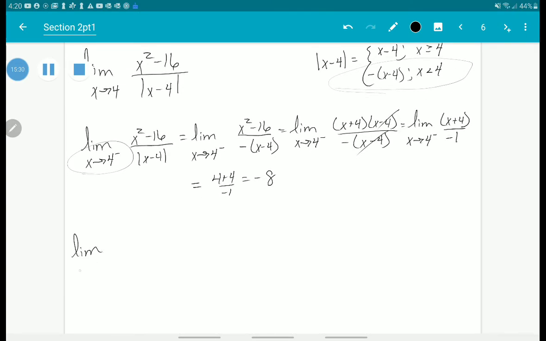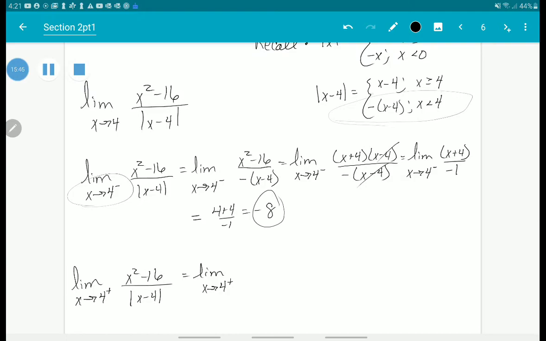Likewise, if we were to look at the limit as x approaches 4 from the right, we have to think about that piecewise function again. And as we come in from the right, then that function, absolute value of x minus 4, would look like this piece.